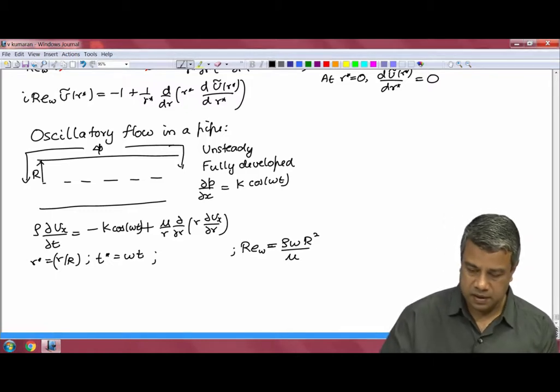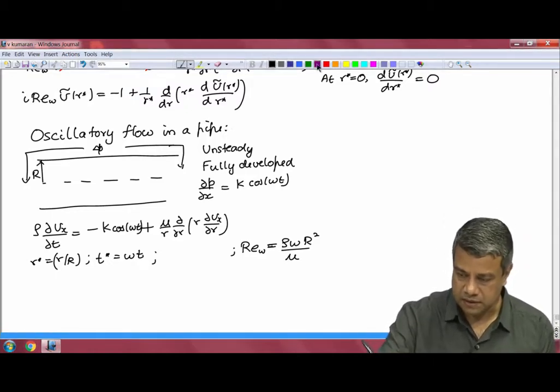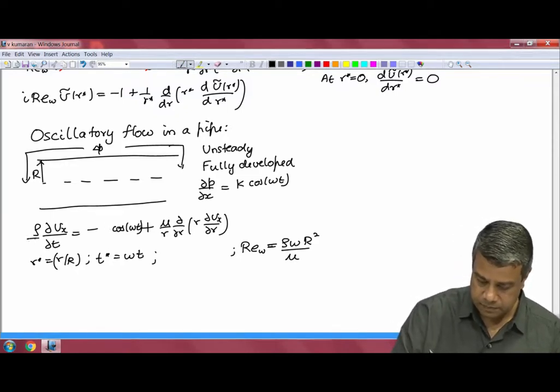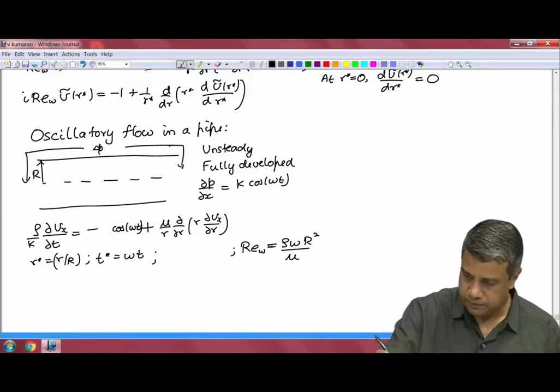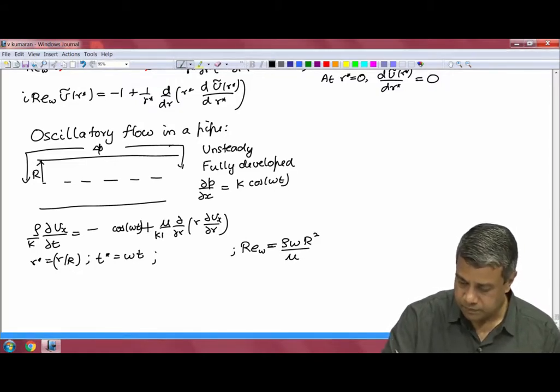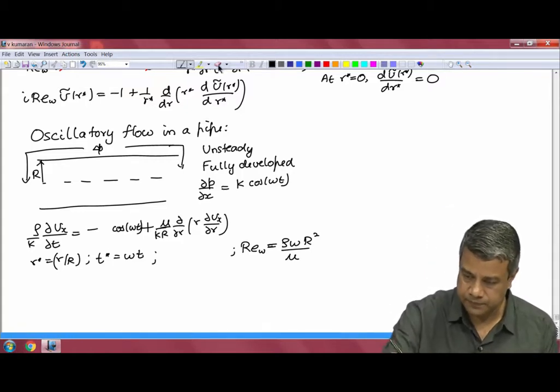If you recall, what we had done was to divide this entire equation by k.